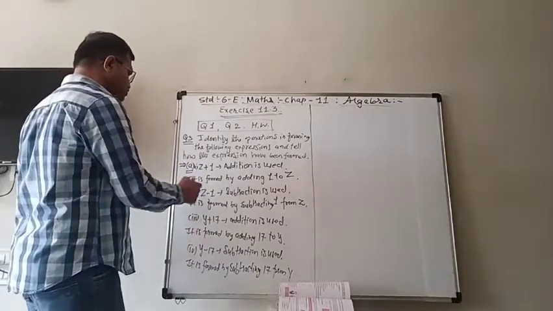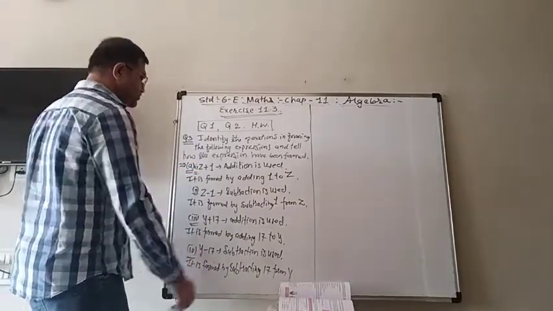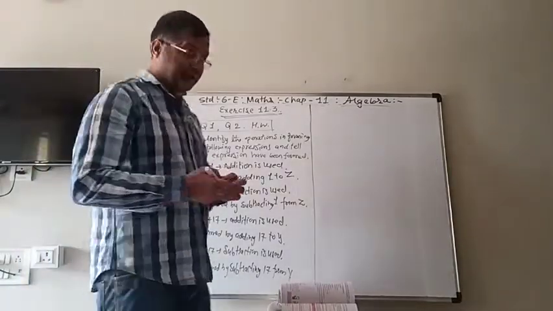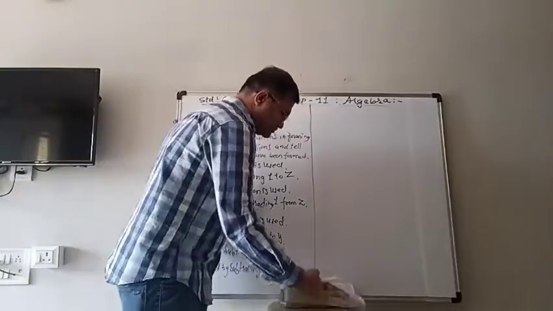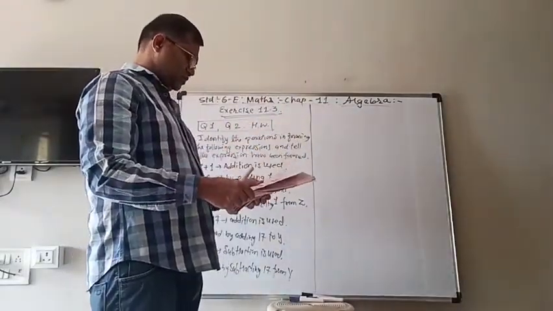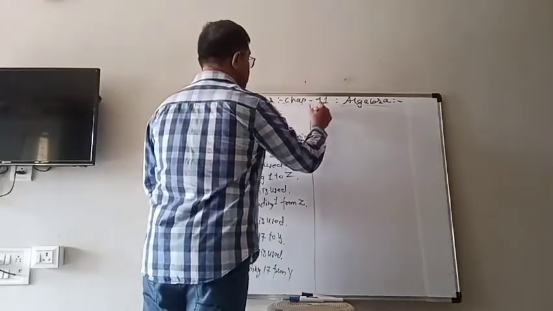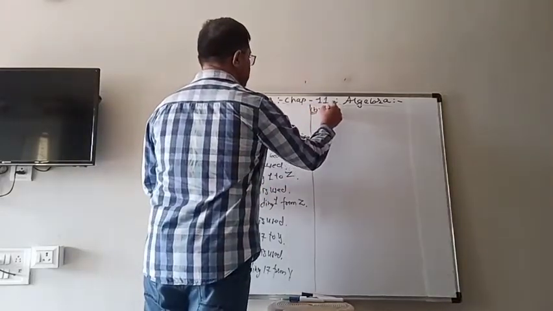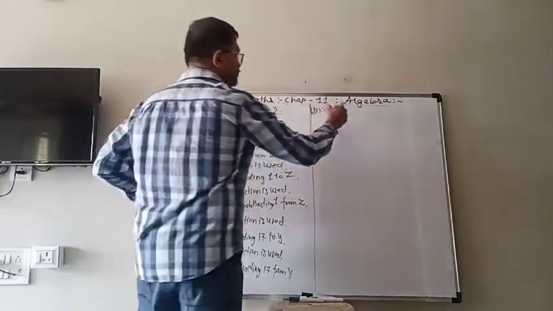So here 1, 2, 3 and 4 different expressions were given, and we have to find out the operations and how they were formed. Let us take B also. In B, let's see what is given. First is 17y.